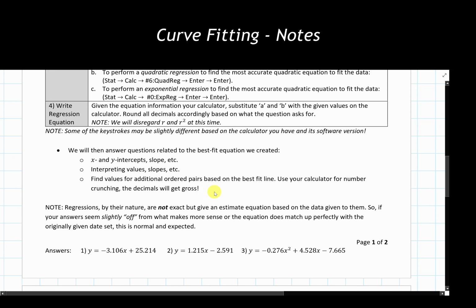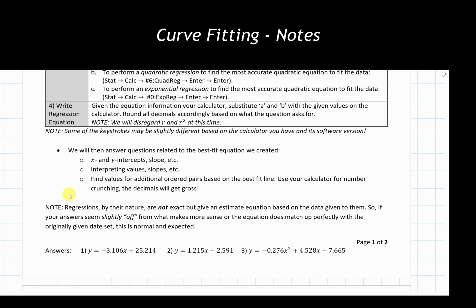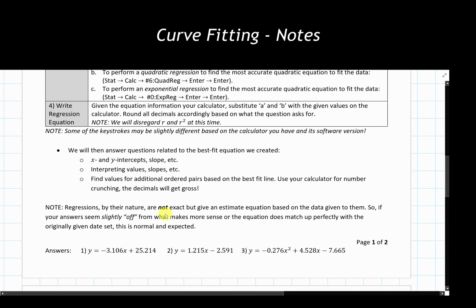The last note that I want to make with all regressions, whether it be linear, quadratic, exponential, this class or a future math class that you're taking, maybe a more statistics heavy class: regressions by their nature are not exact, but they give estimated equations based on the data given to them.